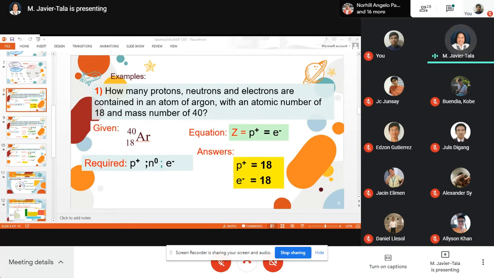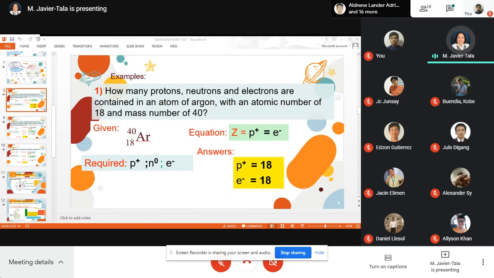First write it in the X, A, Z notation, so the symbol with the mass number and the atomic number, because it will be easier to recognize. Then you are required to find the number of subatomic particles: protons, neutrons, and electrons.